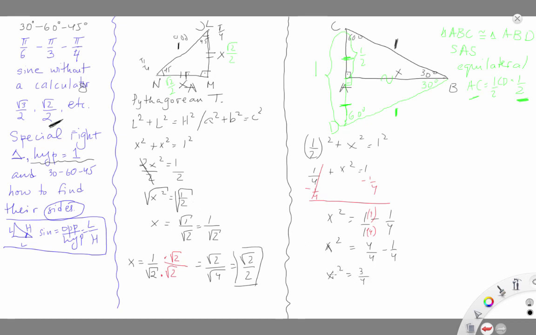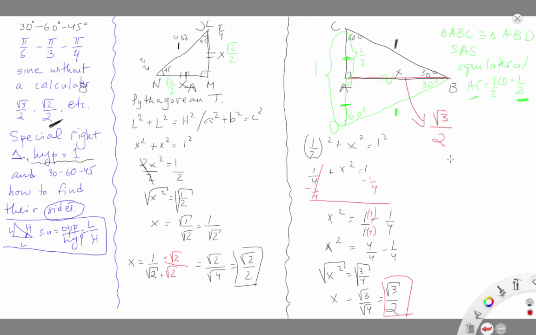I need to get rid of the exponent, so I'm using square root. X is equal to square root of 3 over square root of 4. Square root of 4 is really just 2. So it turns out this side over here, AB, is equal to square root of 3 over 2.